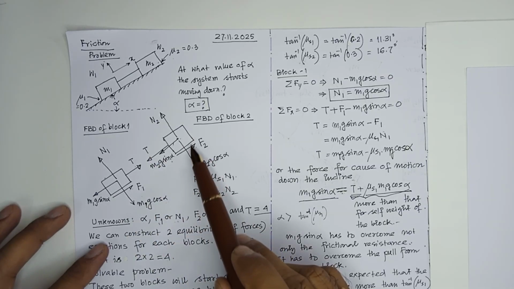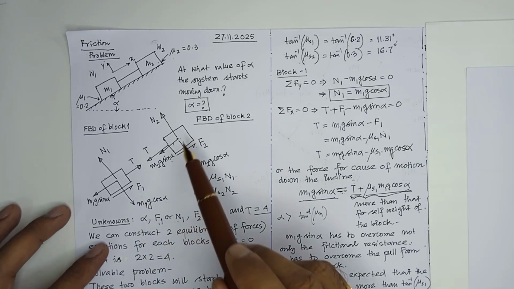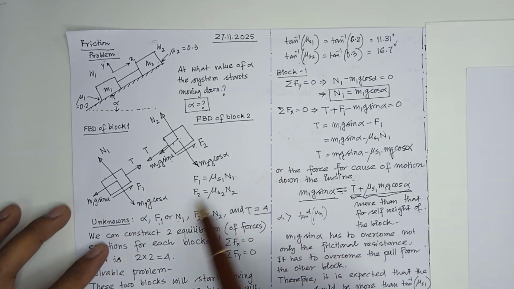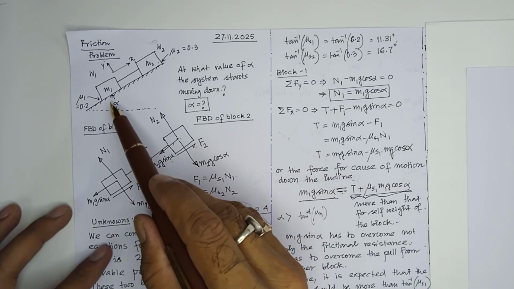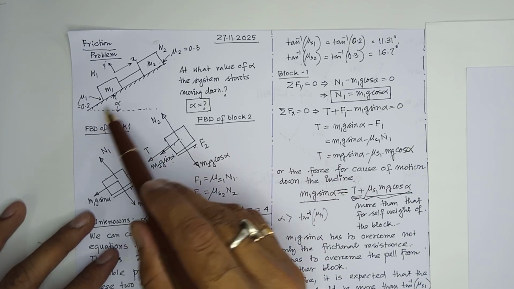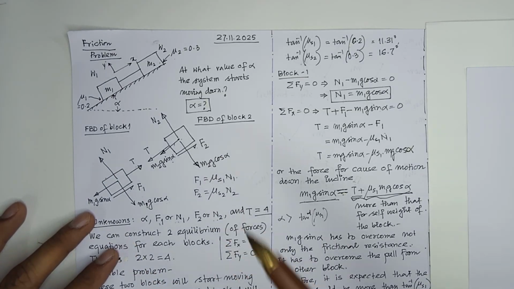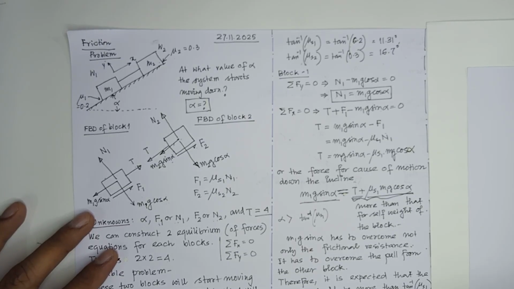Therefore, for the combined situation of m1 and m2, the angle alpha at which the block system will start to slide should be less than the angle of repose corresponding to mu s2. So it should be more than the angle of repose corresponding to mu s1, and less than the angle of repose corresponding to mu s2.